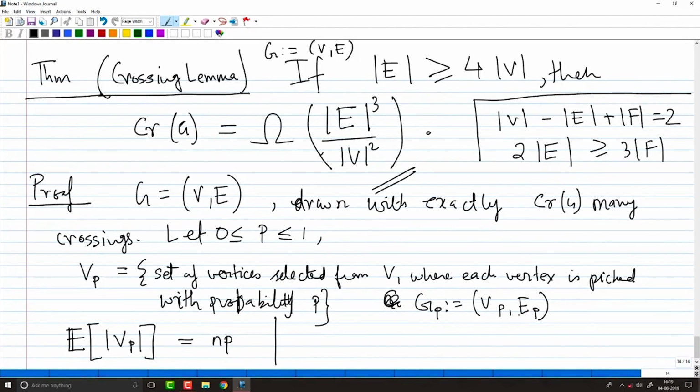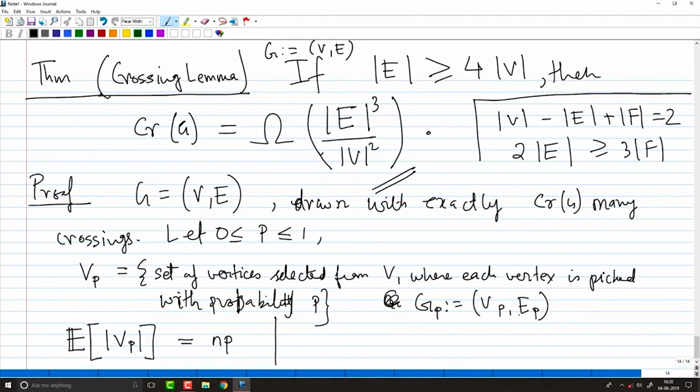Let us say the vertex set I picked is an independent set. So what will be the size of EP? Vp was picked through a random experiment, each vertex was picked with probability p. But the set I picked in this experiment is an independent set in graph G. Everyone knows what is an independent set?